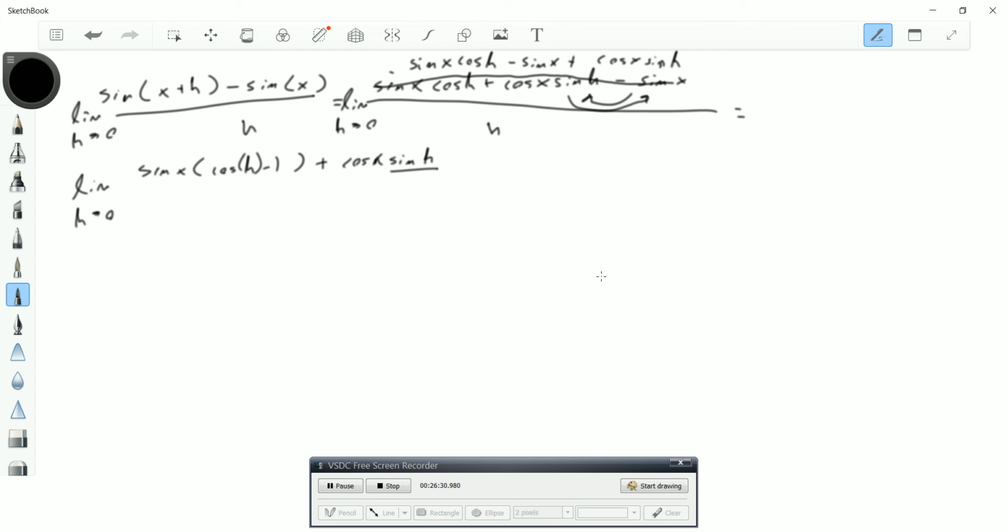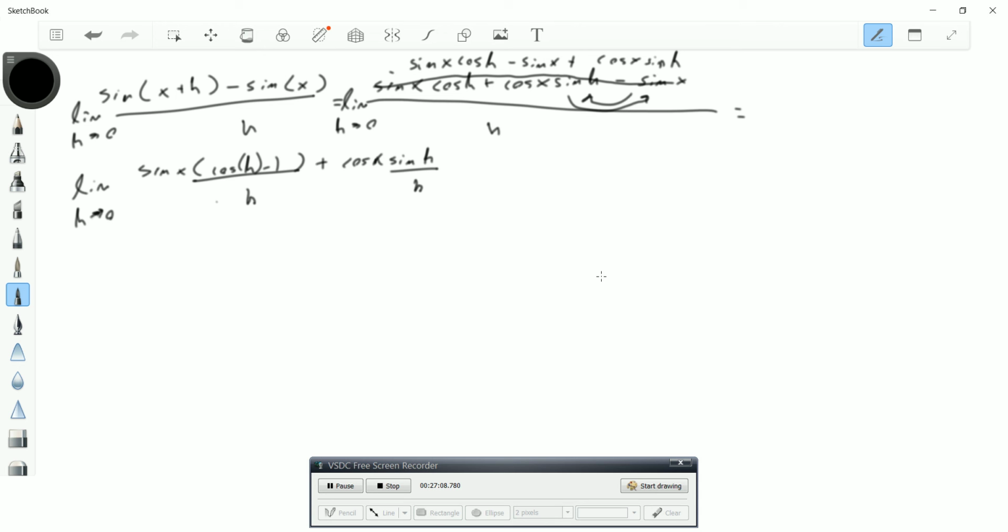Because really when you multiply them, it'll be over the whole thing. Also, since I'm splitting this apart, I have to put it over h for each term that you're adding. So the limit as h goes to 0 of sine of x times cosine h minus 1 over h, we just showed that the limit as h goes to 0 of this is 0.